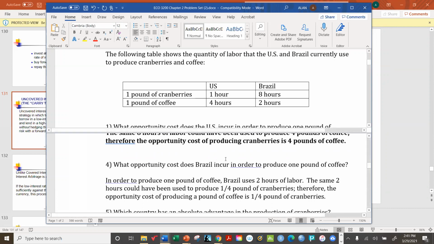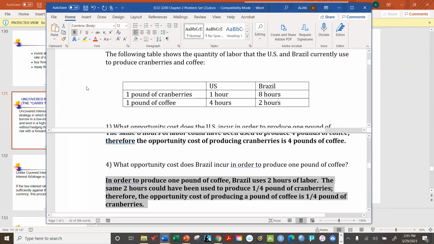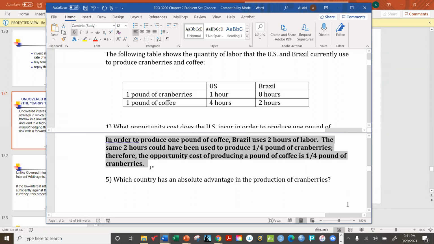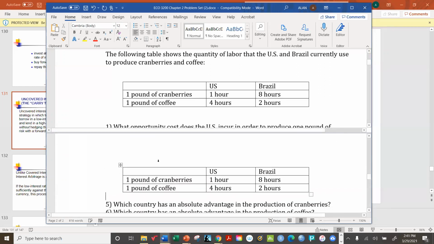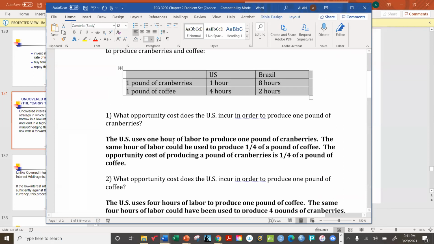Okay, so if you were to put together a little chart that shows the opportunity costs, in fact, let me do exactly that. Let me grab this chart or table. I'll move it down here, and then I'll relabel it, of course.